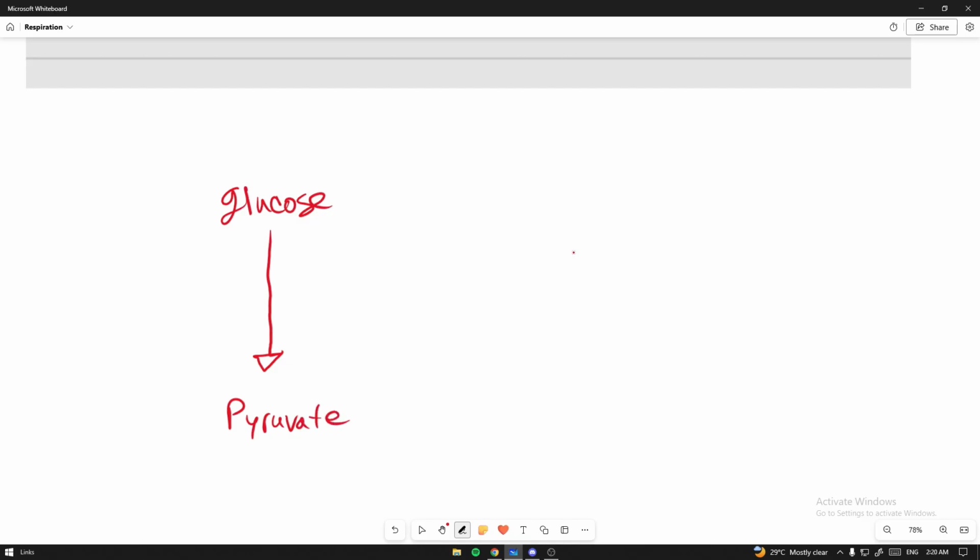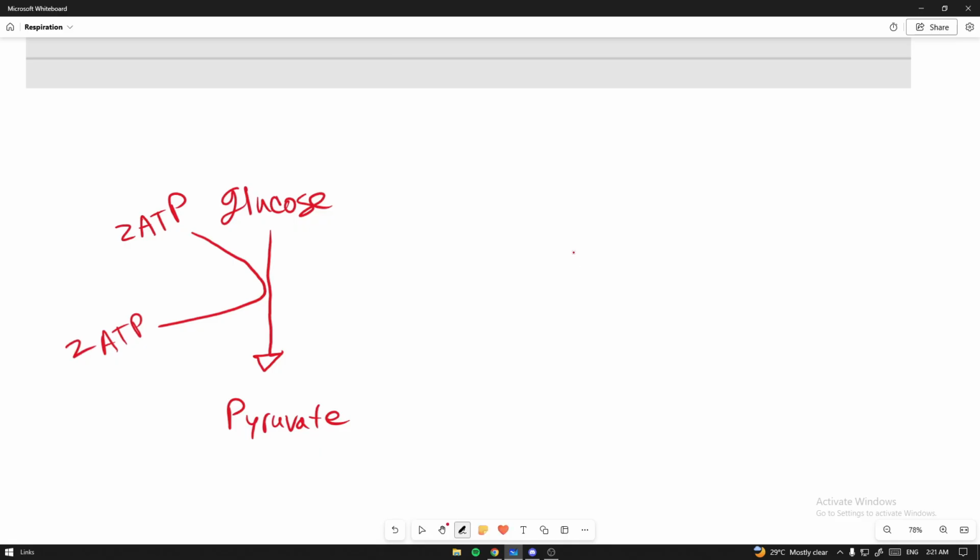This is basically glycolysis happening here. Here, we use 2 ATP. And remember, the net yield of glycolysis was 4 ATP, but since we used up 2, we're just going to write it as 2.